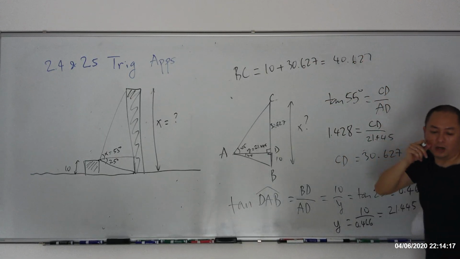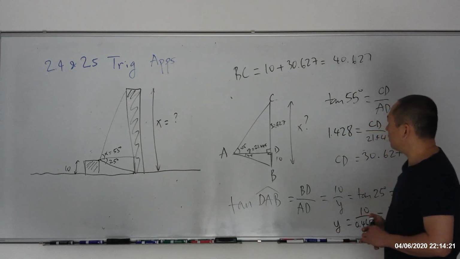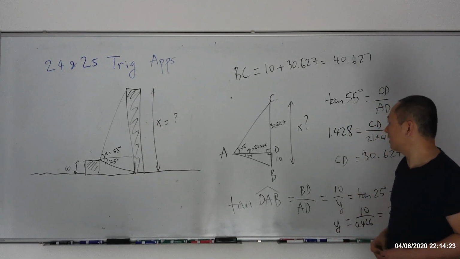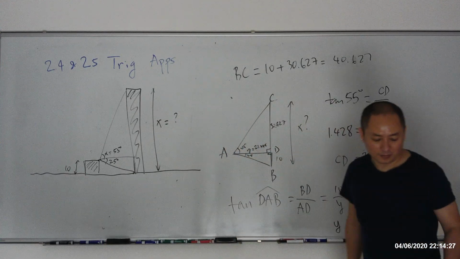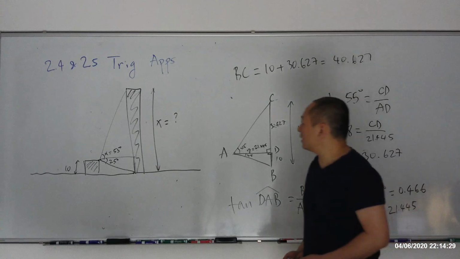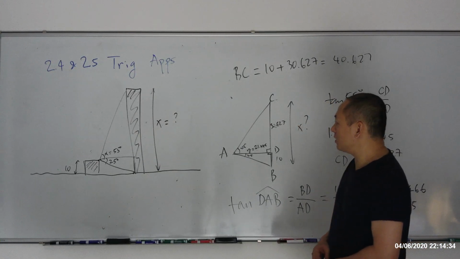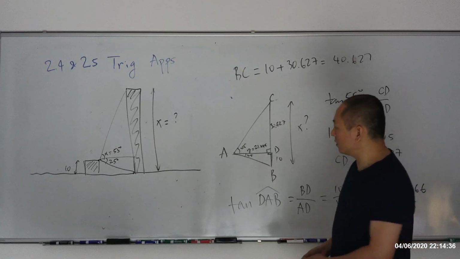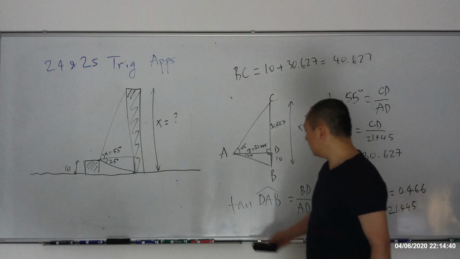Whatever the unit that they threw at you, could be meters, could be miles, whatever. But it's not going to be kilometers, of course. Could be meters, could be yards. So pretty much, this is another example about how to use right triangles along with trig functions to solve some actual problems that you may see.